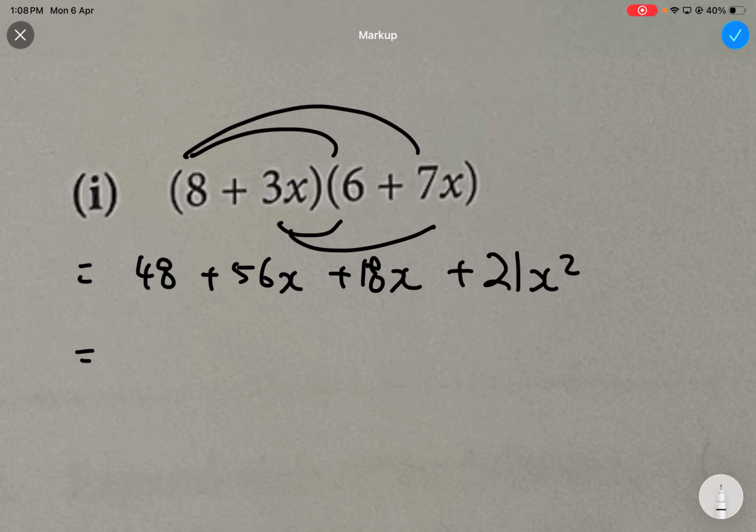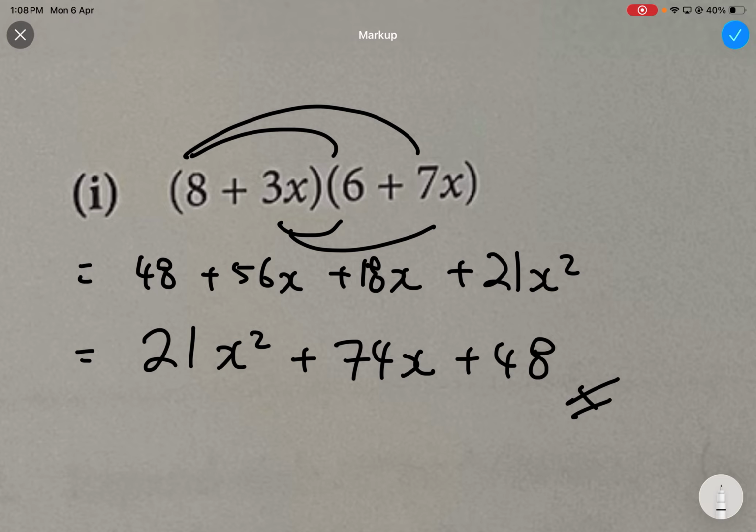Okay, question I. We will normally put the x squared term followed by the x term followed by the number, the one without x. So the convention is to leave your answer with the x squared term first, followed by the x term, followed by the one without any x. You notice that I changed the order a bit. You can put 48 in front, but usually we want the expression to look like this.